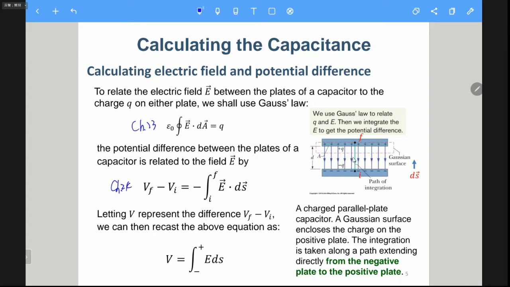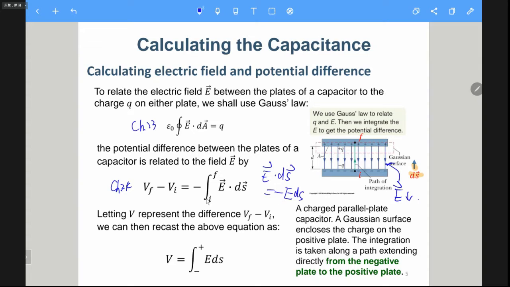Here ds is pointing upward, because you move from i to f. The E field goes from the positive plate to the negative plate, so E is pointing downward. So E dot ds is negative E ds.